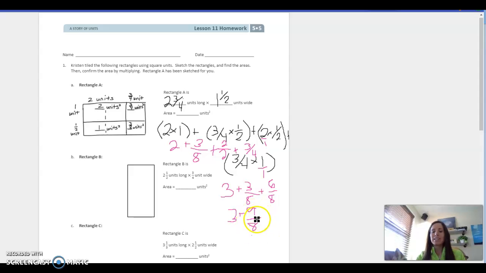So this 9/8 actually equals 1 and 1/8. So 3 plus 1 and 1/8 is going to be 4 and 1/8. So that's our answer here. I just helped you out with the first one. And you're going to place in here 4 and 1/8.